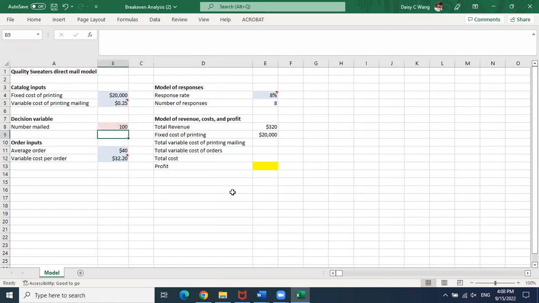So the variable cost of printing is how many we are going to print times this.